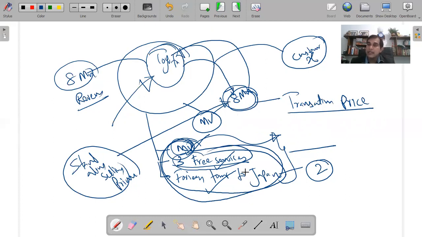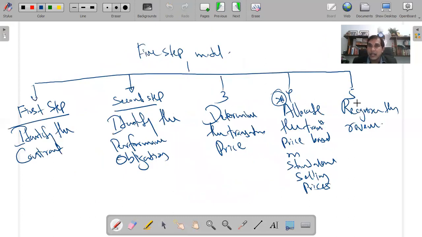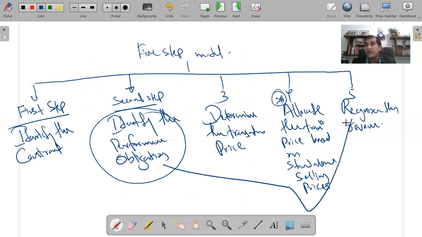Based on those standalone selling prices, the transaction price can be allocated to each and every performance obligation. Then in the last step, once these performance obligations are satisfied, revenue can be recognized.